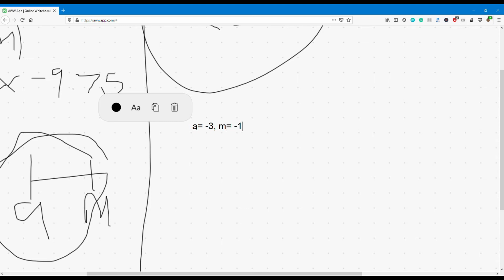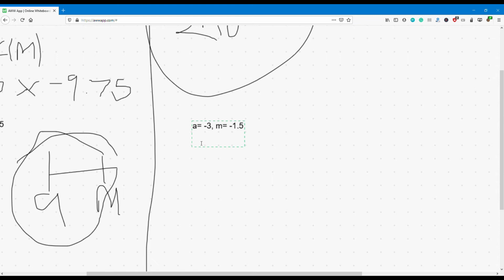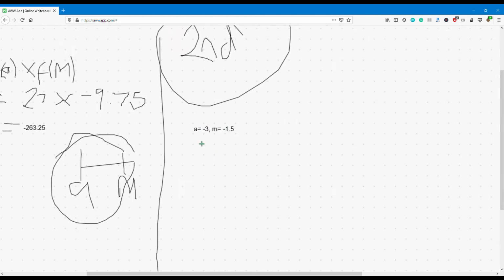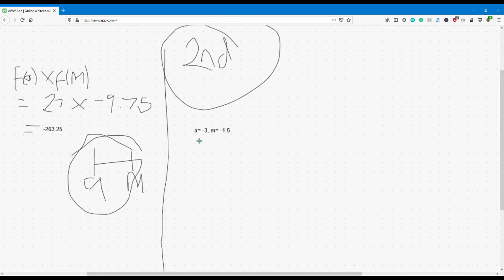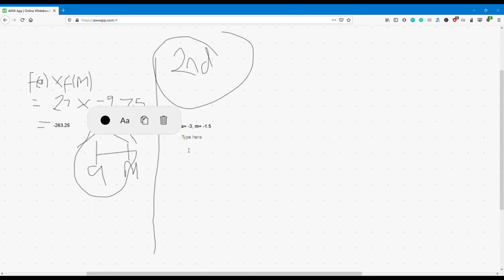So we're going to be working with this now very quickly. All we need to do is, we have gotten f of a and f of b, and we see that the product is less than 0, so there's no need to reconfirm. What we need to do is just find this m for the second iteration. M is going to be equal to a plus b all over 2.